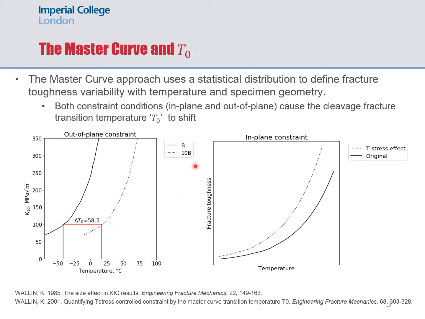So increasing, for example, the out-of-plane constraint by 10 times the original thickness will result in a T0 shift of about 60 degrees. Similarly, the in-plane constraint can be assessed using shifts in T0 to define changes in remaining ligament. In this way, the constraint effect can be adequately described by one single T0 parameter.